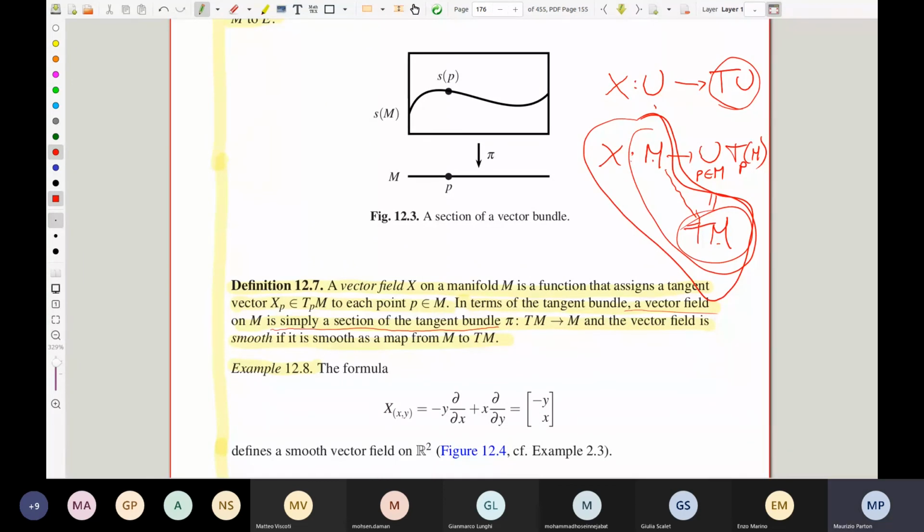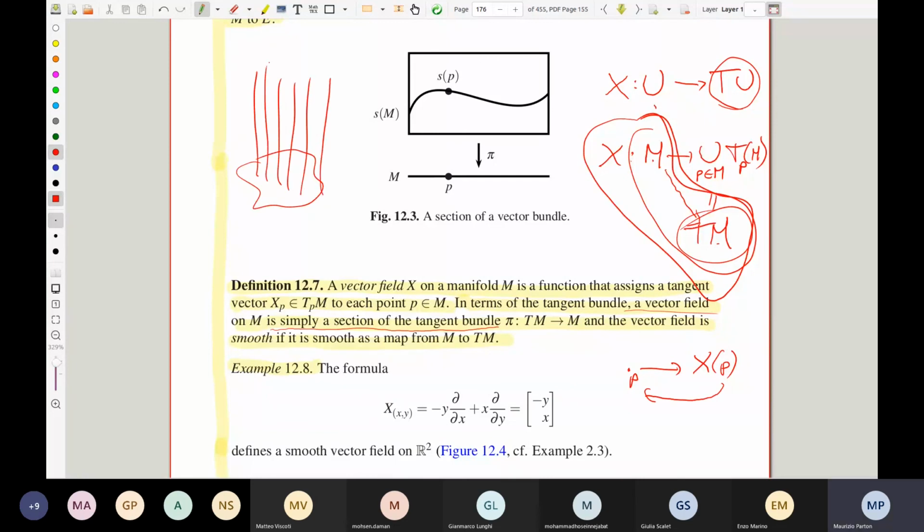At the point P, the vector field associates a tangent vector in P. This means that if you go from the point P and you take the tangent vector X of P, and then you get back on the base by projection. Remember the picture, the open set, over every open set you have the vector space. This means that whenever you have a vector, you can project that vector on the original point. These are vectors over a point.